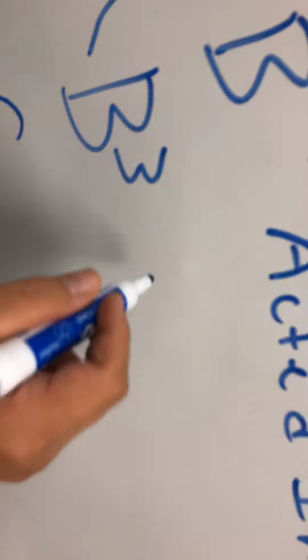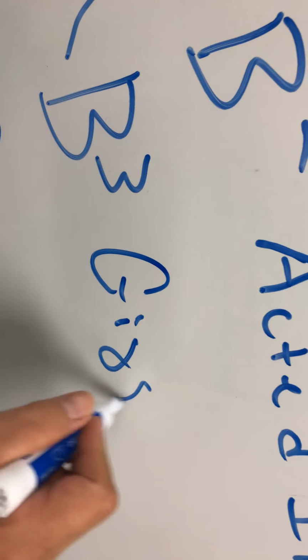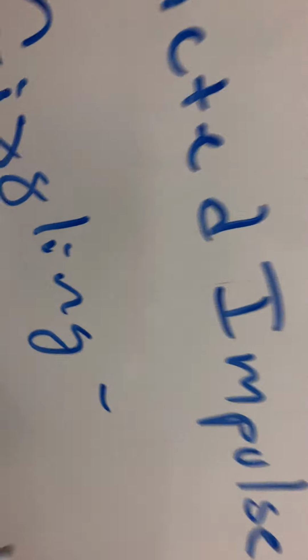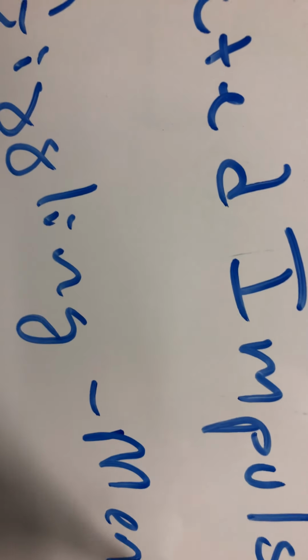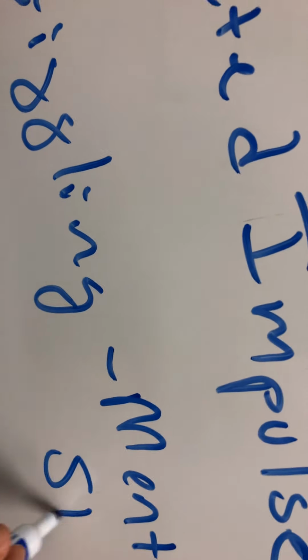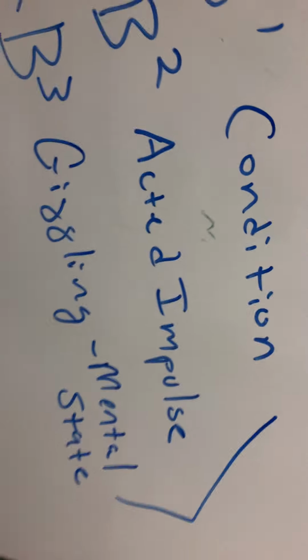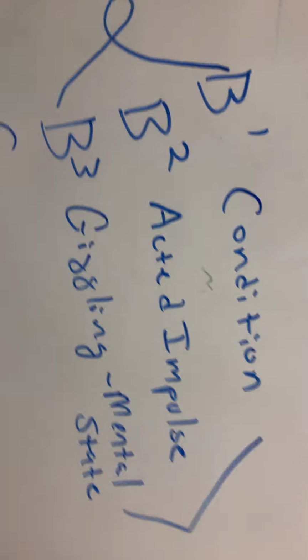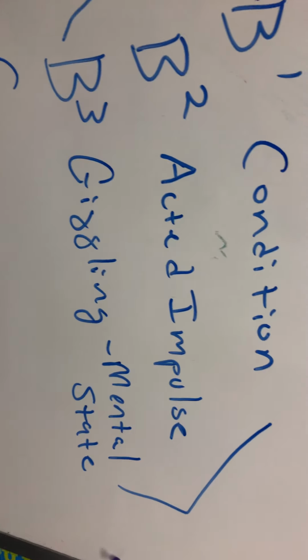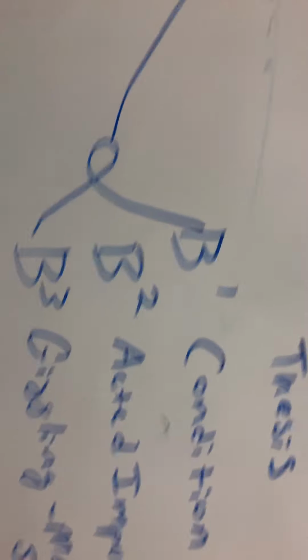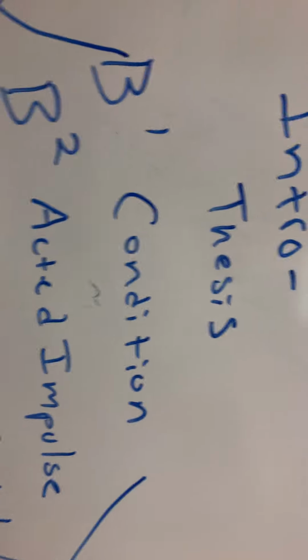And then 3, the giggling at the end gives me an idea of her mental state, saying that she was actually impaired in judgment at the time and committed murder that was not premeditated. Okay? So I've got these 3 parts. That's what I would talk about in my essay.